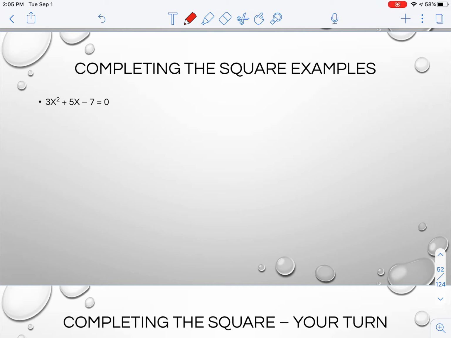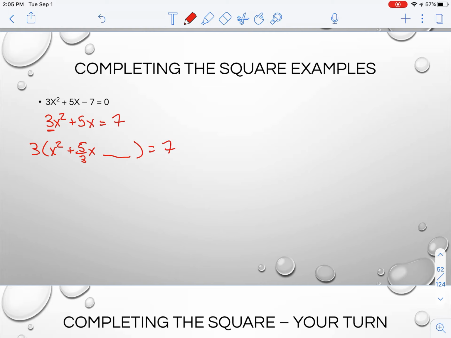So step 1, I'm going to move my c term over, and then I have to pull a 3 out of this, which makes this pretty sloppy.